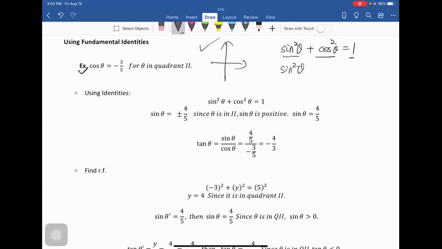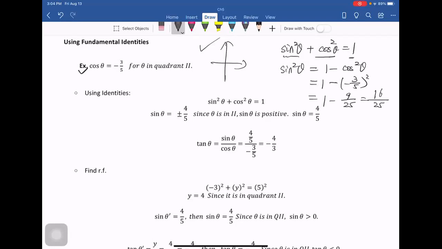Sine squared theta equals 1 minus cosine squared theta, which equals 1 minus (-3/5) squared. That's 1 minus 9/25. That is 25 minus 9.